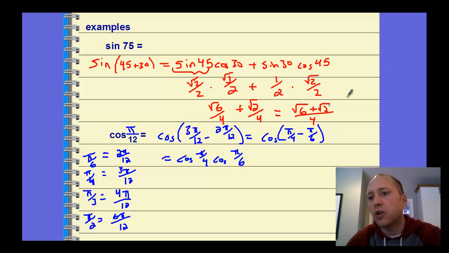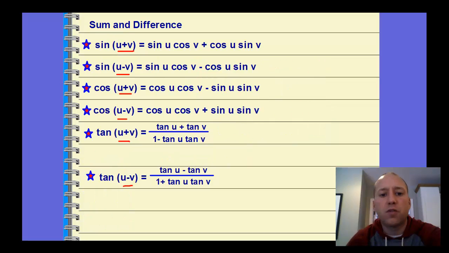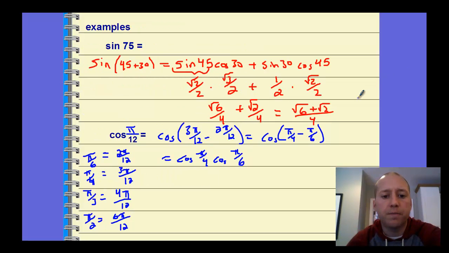And if you need to refer back to these formulas to see, you can do that. It's the opposite sign of what was written in the problem, so plus, and then I have sine pi fourths, sine pi 6. So now we just put these in the unit circle. Cosine of pi fourths is root 2 over 2.